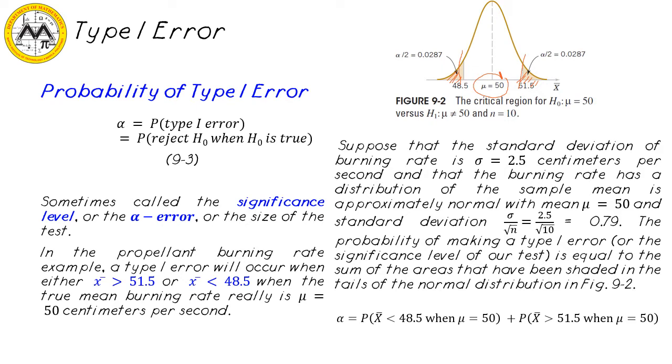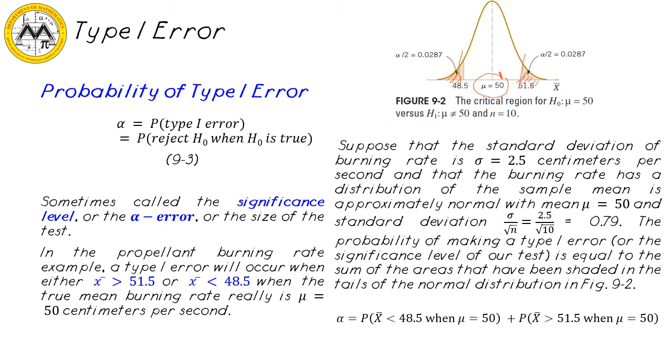So suppose that the standard deviation for the burning rate is 2.5 per second, and that the distribution of the sample mean is approximately normally distributed with mean 50 and the standard deviation of all the samples sigma over square root of n, so that would be 2.5 over square root of 10, which is approximately 0.79.